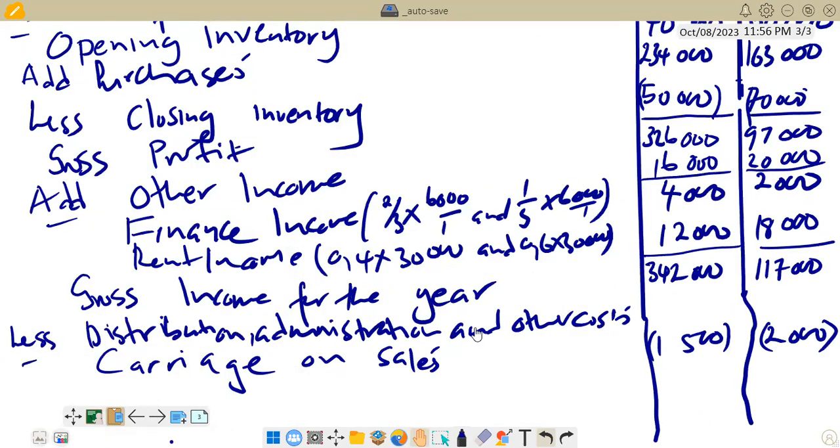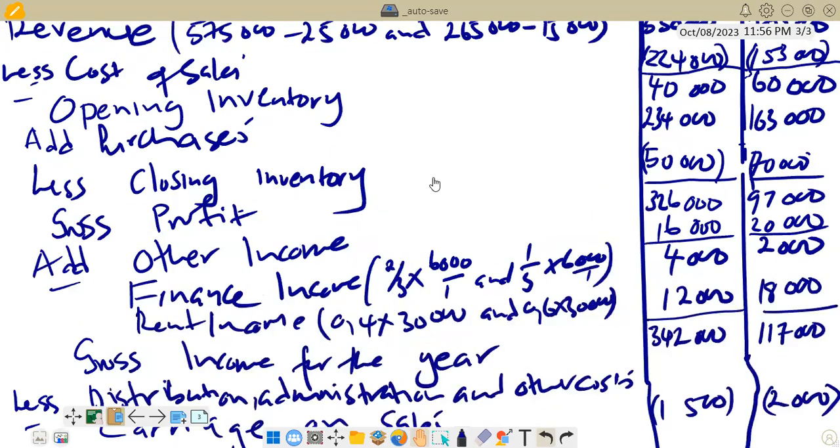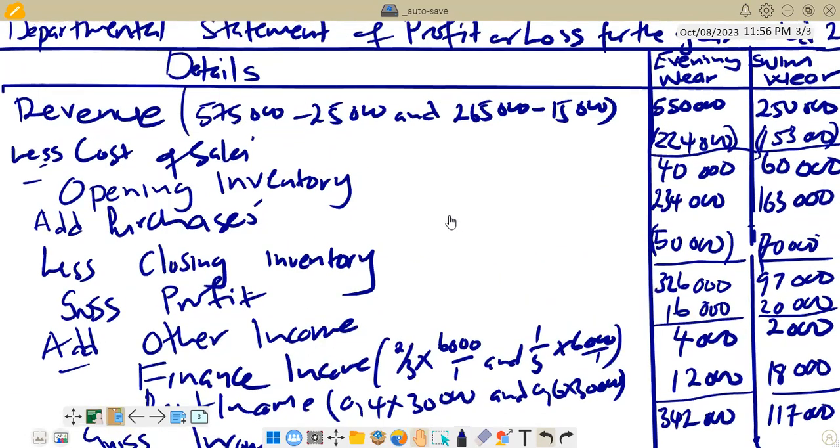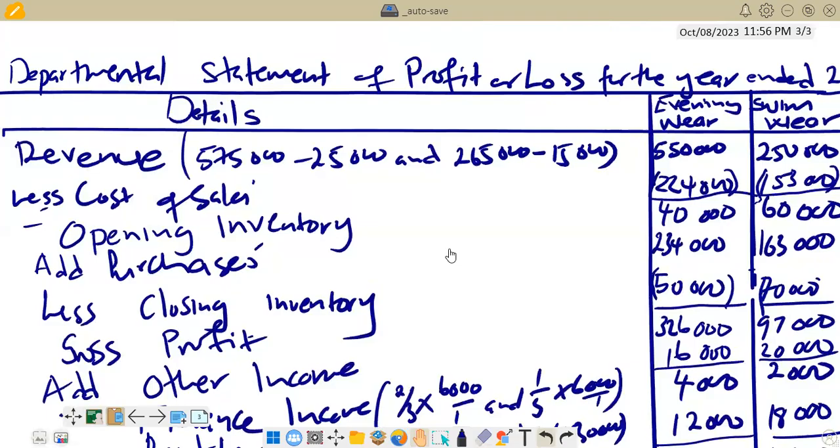So the ratio that is being said, gross revenue, we have this one for revenue. We have 550 here for evening, and then 250,000 for swimwear.